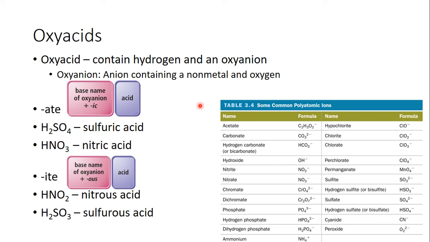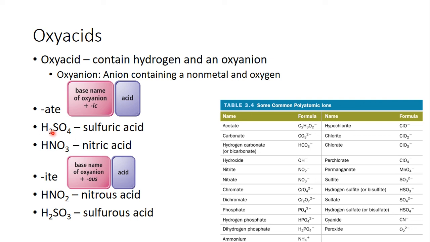Now, how do we name oxyacids? Well, honestly, it is a little confusing, but you just have to memorize two things. So let's look at our polyatomic ion name. If your polyatomic ion name ends in ate, such as nitrate, chromate, sulfate, phosphate, you change the name of the oxyanion to ic, and you add the word acid, such as sulfuric acid.